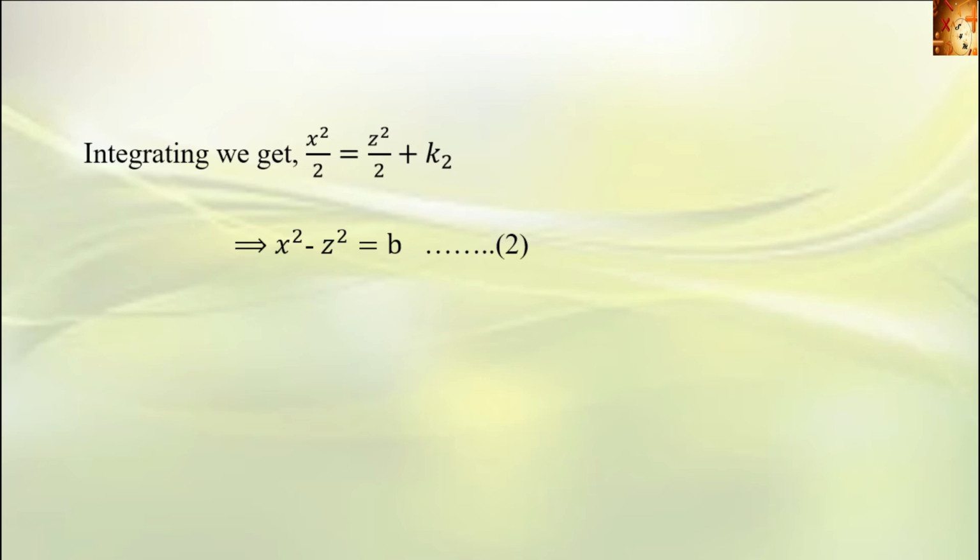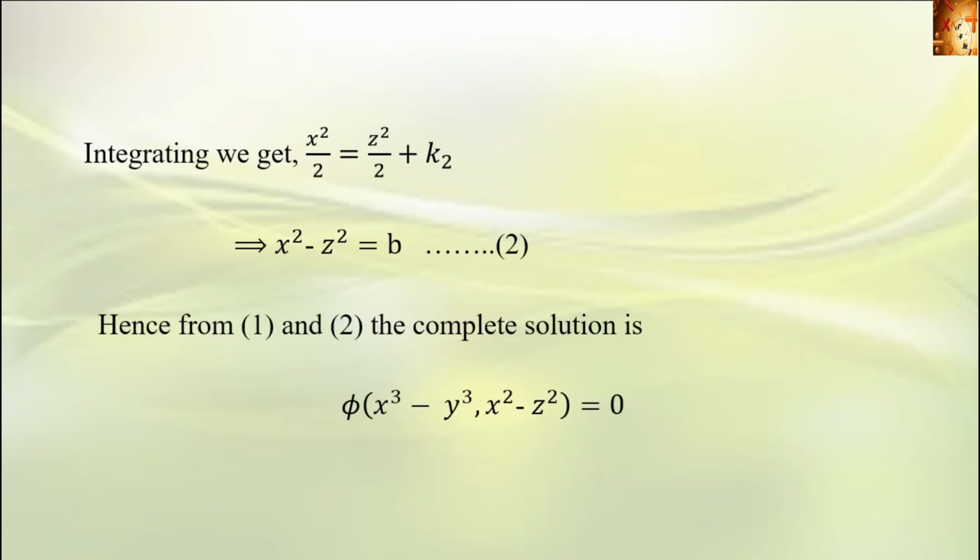Okay, so here u equal to x cube minus y cube and v equal to x square minus z square. So the solution is phi of u, v equal to 0. That is phi of x cube minus y cube comma x square minus z square equal to 0, or u equal to f of v. That is x cube minus y cube equal to f of x square minus z square.